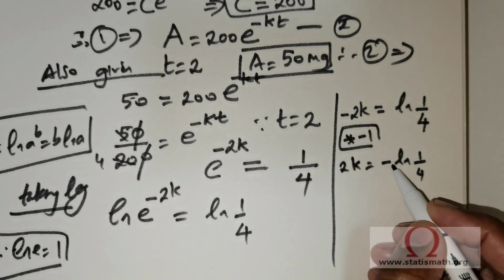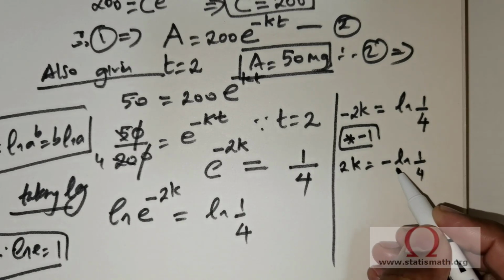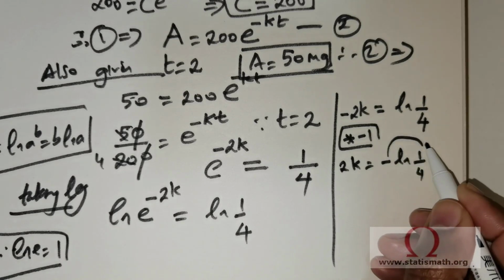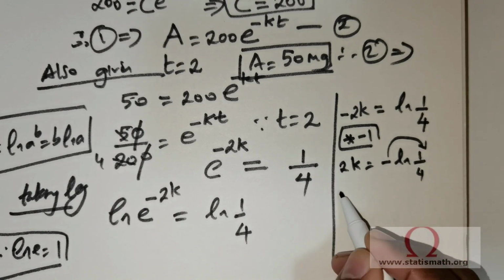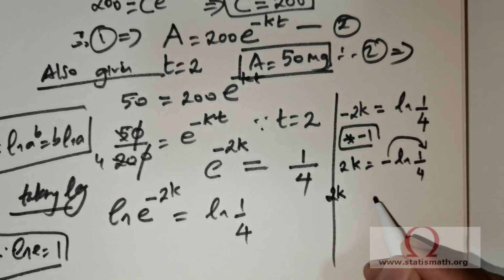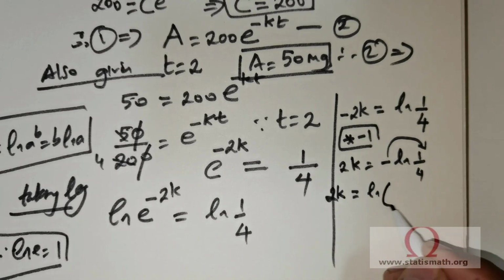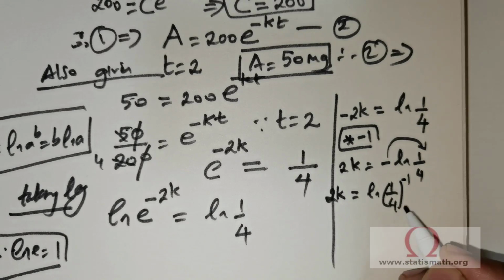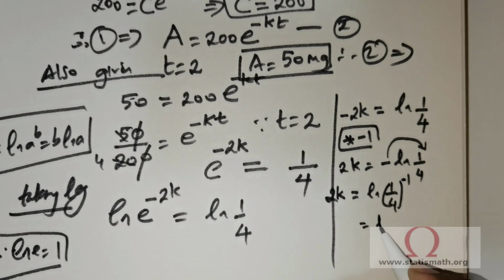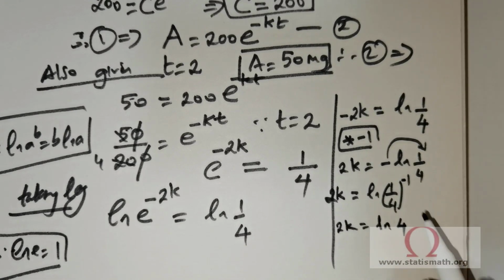So this negative is nothing but a negative 1 there. So I can move it to be the exponent value for 1 over 4. When I do that, I get 2 times k is equal to ln of 1 over 4 raised to the power negative 1. I can flip this quantity and rewrite this as ln of 4, which is equal to 2 times k, right? This is from algebra.